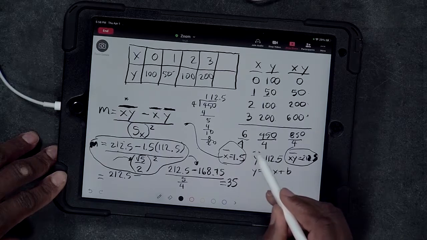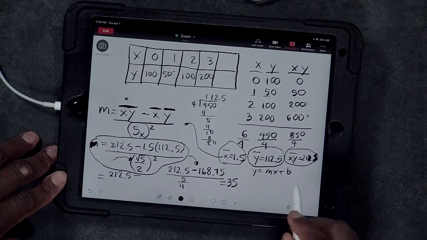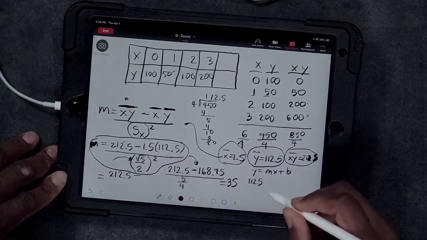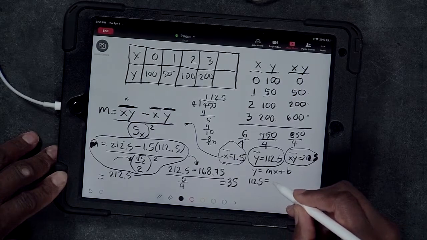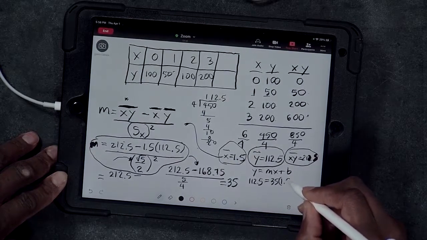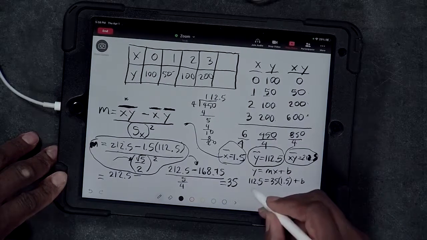Turns out that our x values and y values are the means of the x's and the y's. You're going to take the 112.5 is equal to the slope, which is 35, times the 1.5 plus the y-intercept.